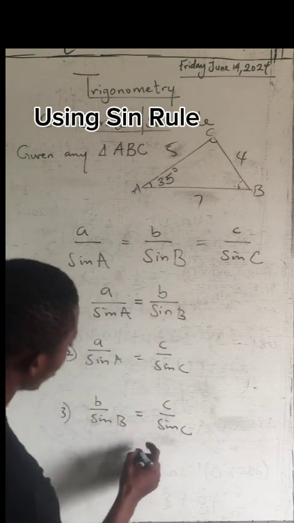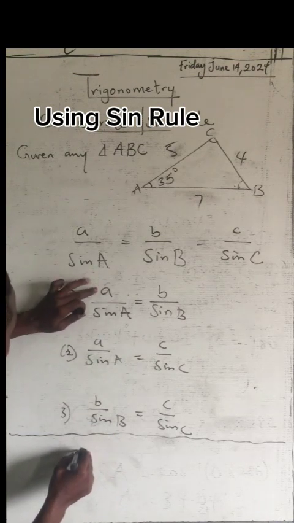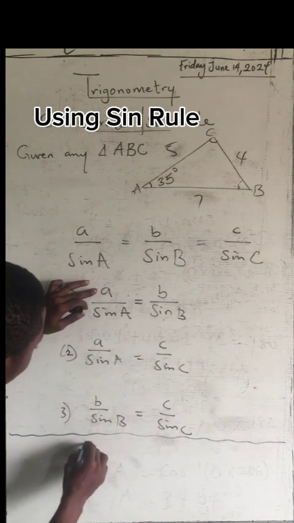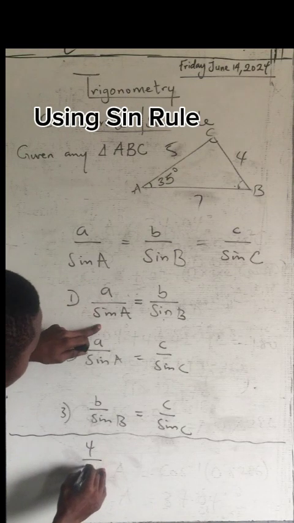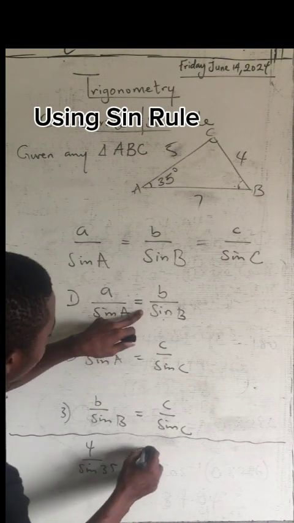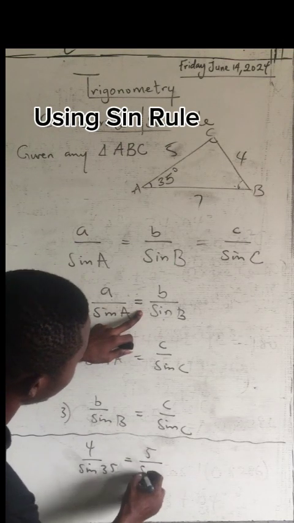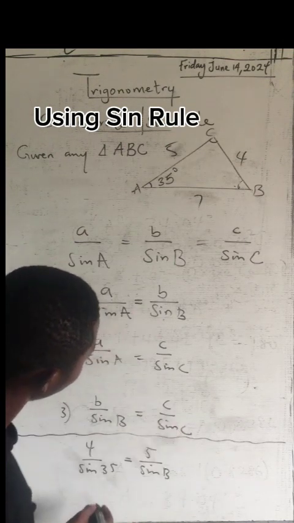What I have in A, I have 4, and what I have in angle A, I have 35. So I'm going to say sine 35 over... A is 4, and B is 5 over sine B.